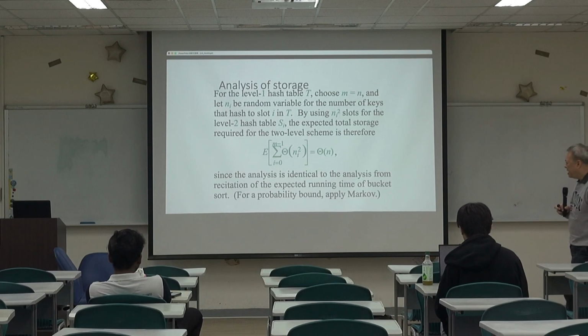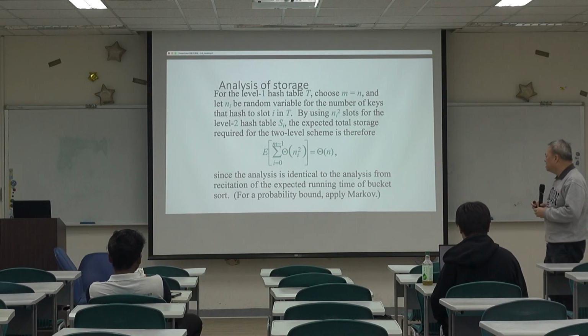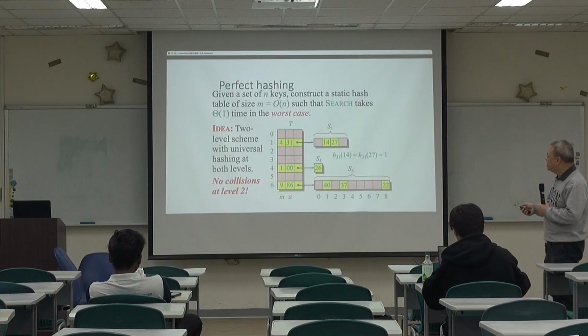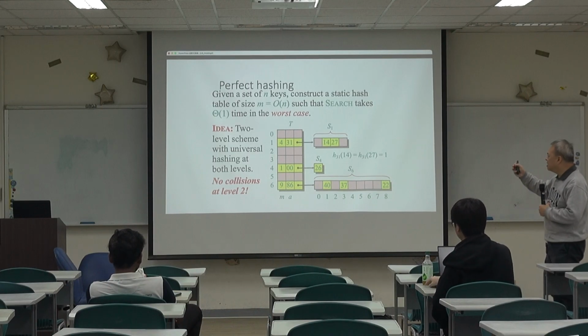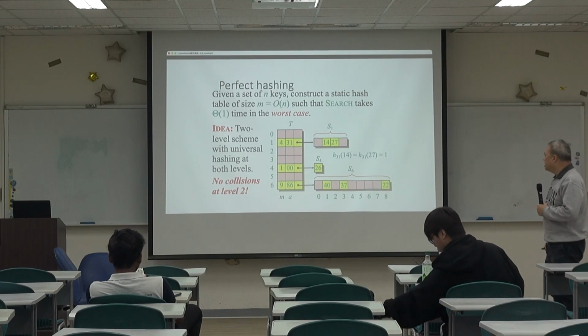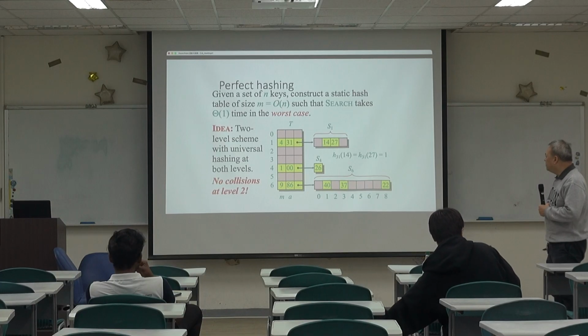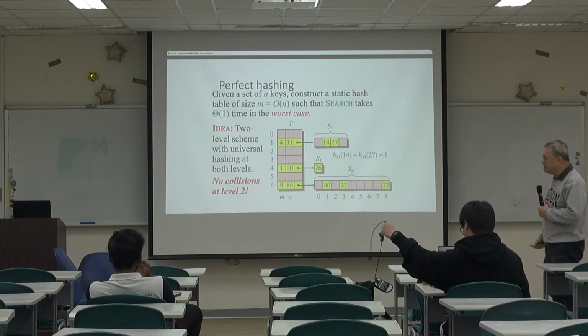If we have that, then we have perfect hashing with size big O N, and each search takes constant time.